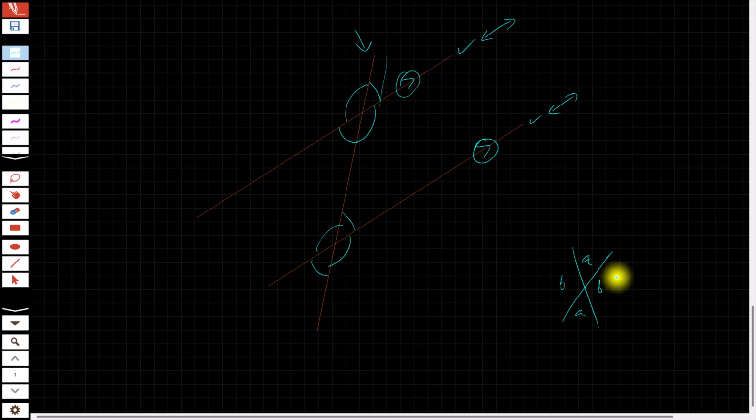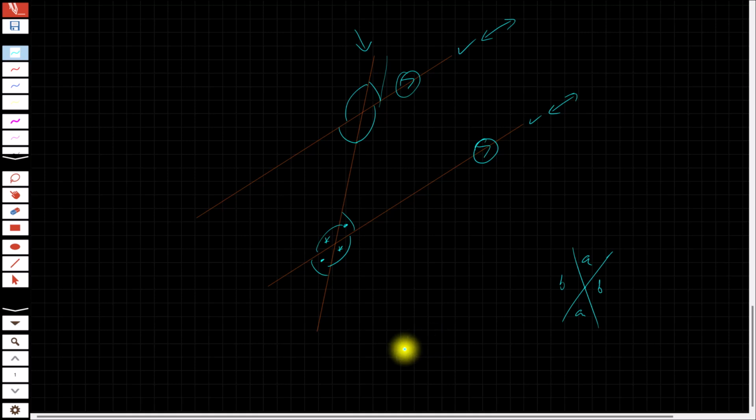So opposite angles are equal. That is one rule we can use. If we know the angle here, the opposite angle is here, which means those two angles are the same. And the same for this one, the opposite angle is here, so those two angles are the same.